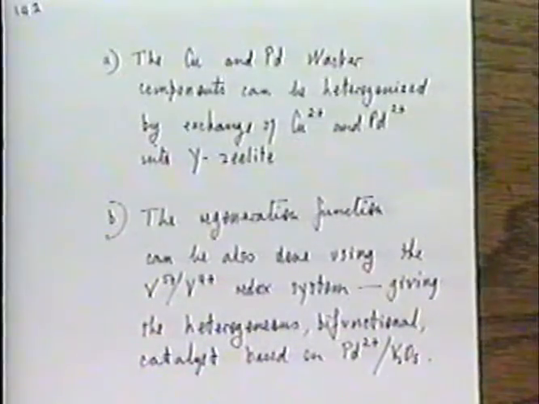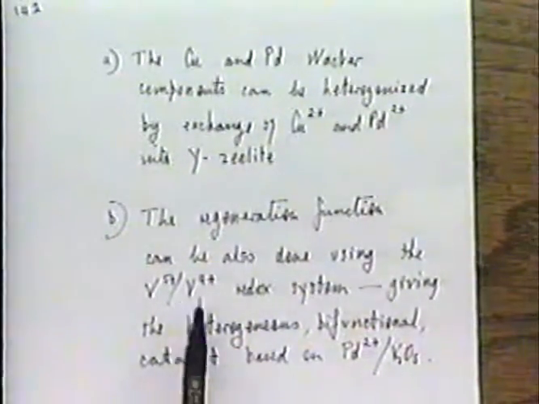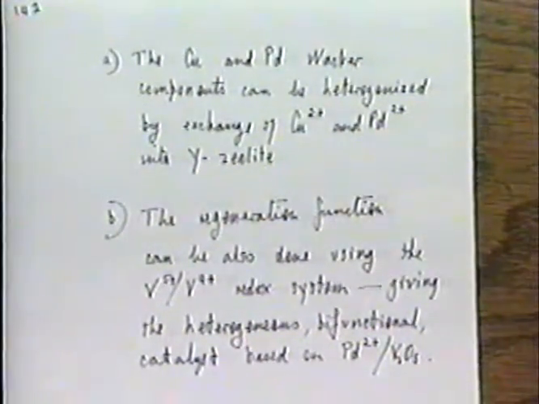And I was interested to read, when I had a look at Gates's book on this, that relatively recent work shows that you can even get rid of the copper system completely and work with the vanadium 5+, vanadium 4+ redox pair as the method of regenerating the palladium function, in an exactly analogous way to the copper function, except in this case it uses V2O5. It's also designed as a heterogeneous system.